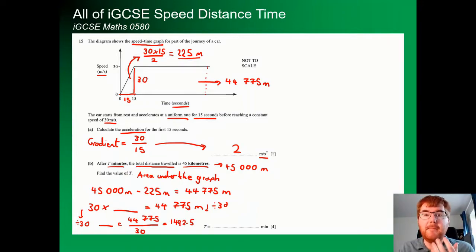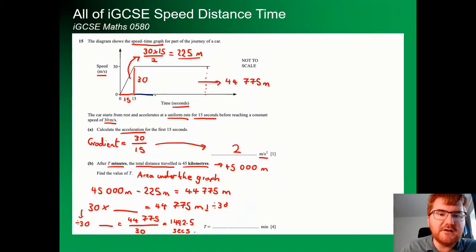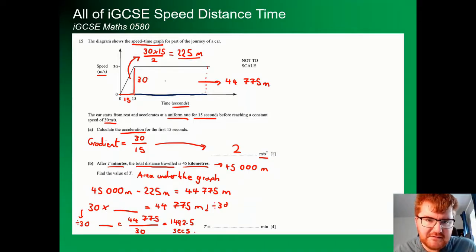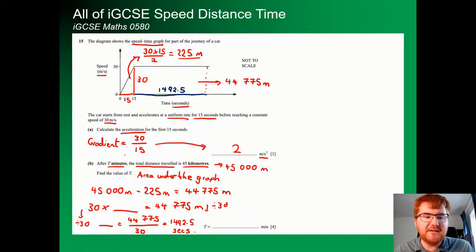Again, think about the units here. This is going to be equal to seconds. Okay, so what I've worked out here, just to show visually what's going on, is that this length here is going to be equal to 1,492.5 seconds.